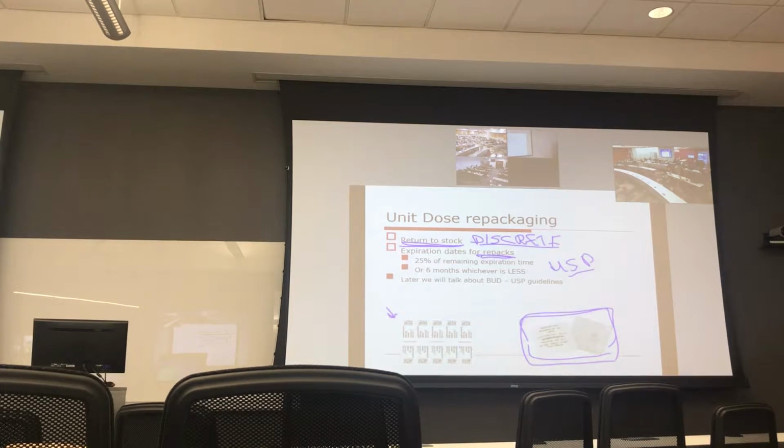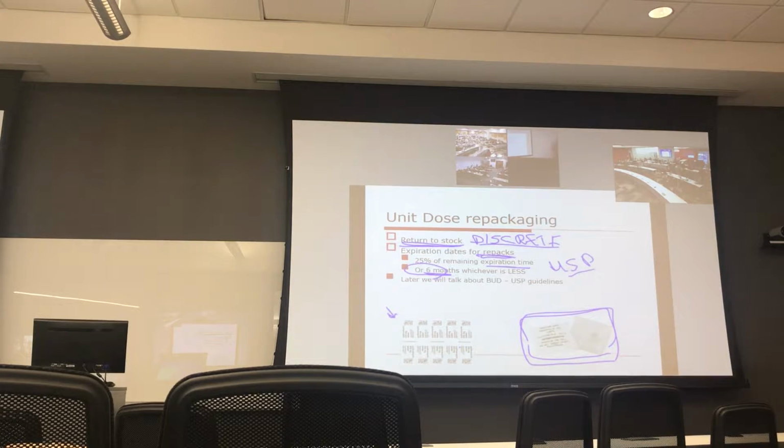Basically, when you repackage, the rule for putting an expiration time on that is 25% of the remaining expiration on the original package or 6 months, whichever is less. Has anybody seen people put a 12-month expiration on that? Hospitals did use 12 months, but that is not in compliance with USP guidelines.